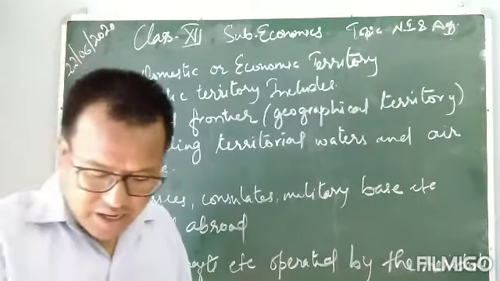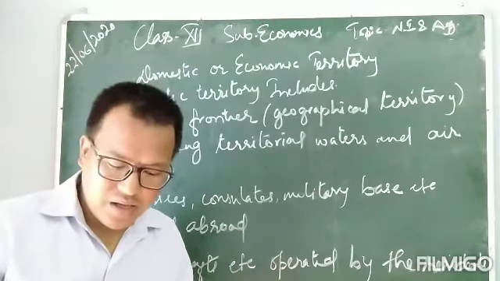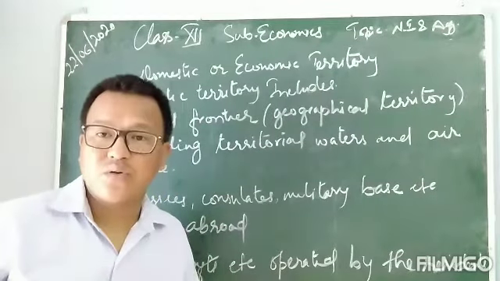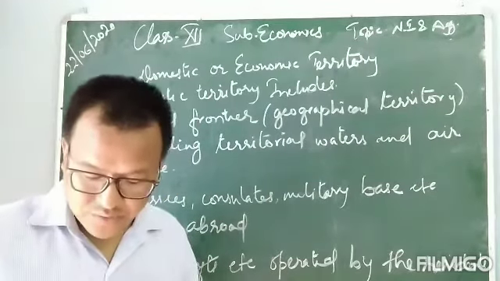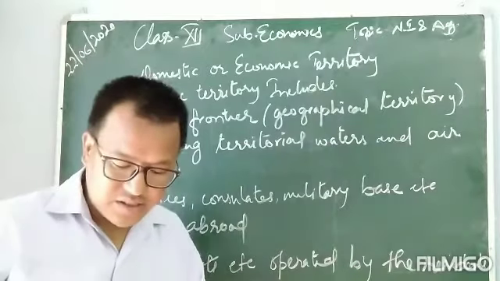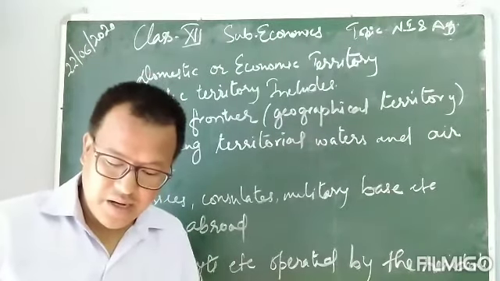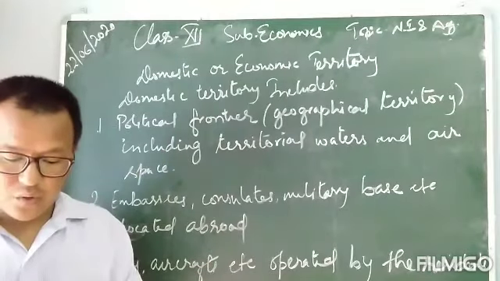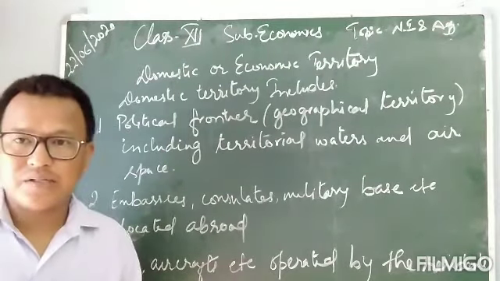In international waters or other areas over which the country enjoys exclusive rights, for example, research projects undertaken by the Indian government in international waters in the Indian Ocean are a part of domestic territory.